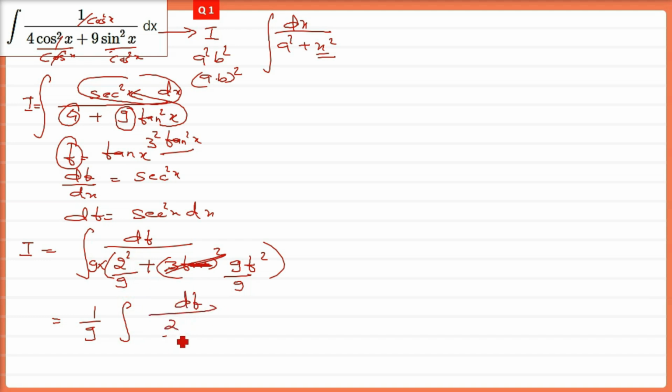This is 2 by 3 whole square, because 2 square by 9 is 2 by 3 whole square, that is 4 by 9. That was initially there. Then we have this 9 and it gets cancelled. This dividing by 9 is done because we want to get rid of anything which is accompanying t or x, so that we can actually use this formula, integration of dx by a square plus x square.